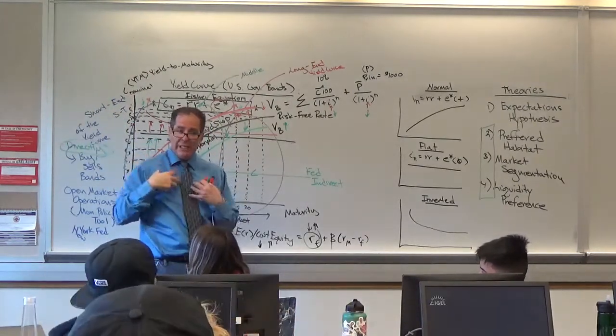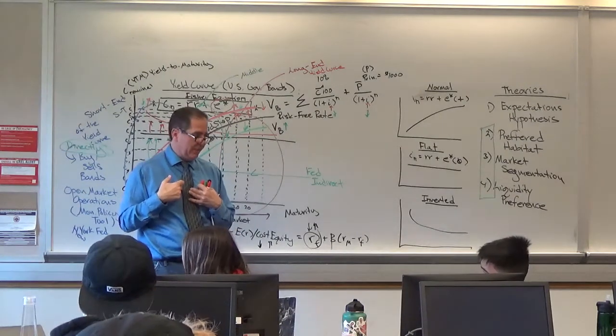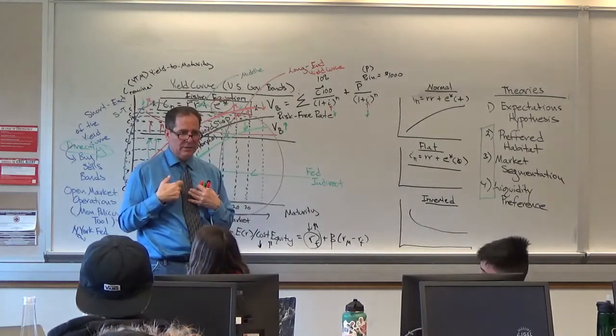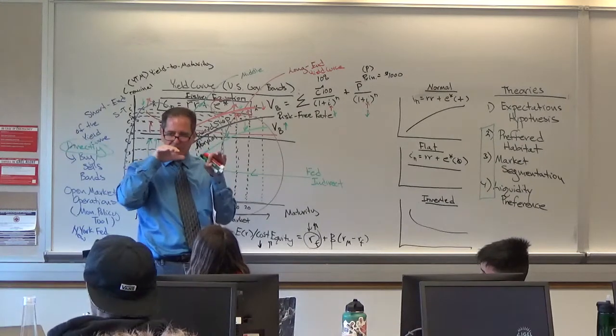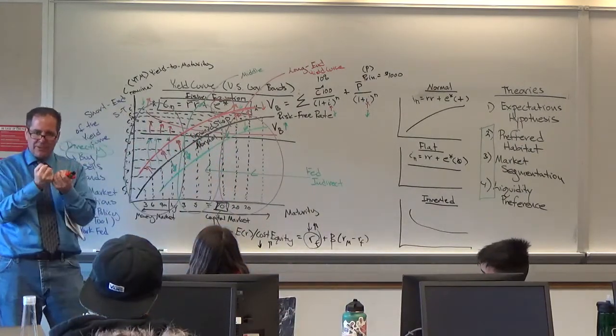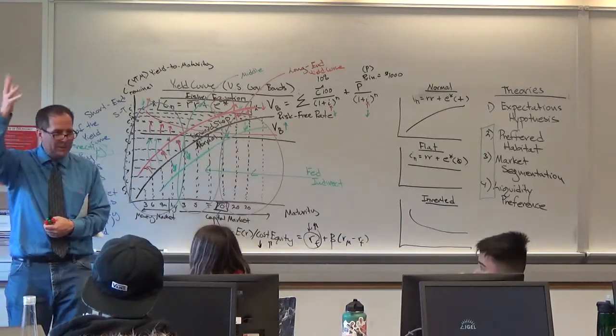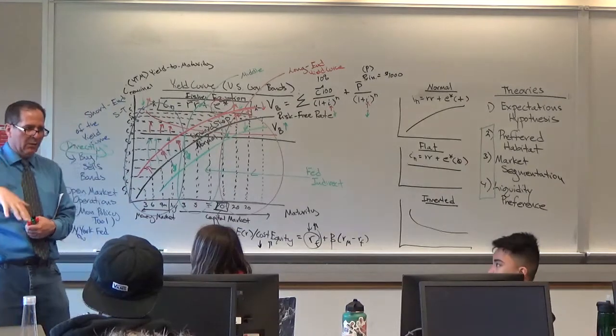The problem for me as a bondholder is I'm scared that inflation will be high in the future because my coupon and my principal are fixed. So if inflation goes up, the purchasing power of my coupon payments and the purchasing power of my principal in the future is going to be lower.